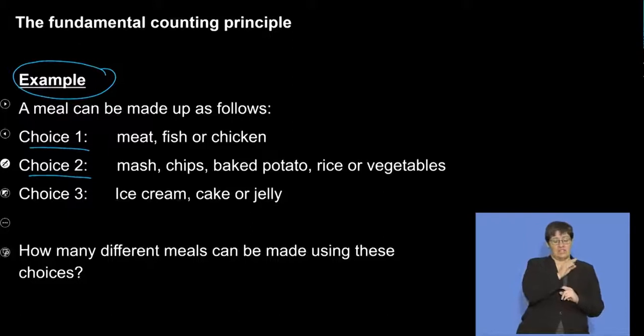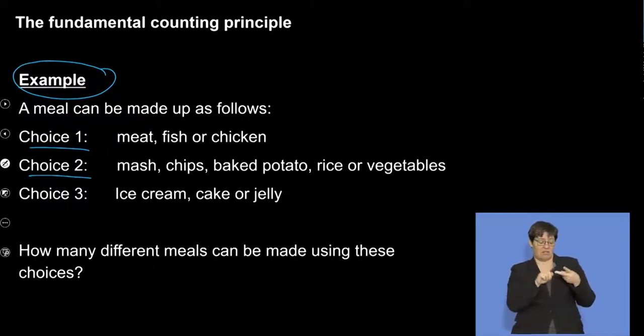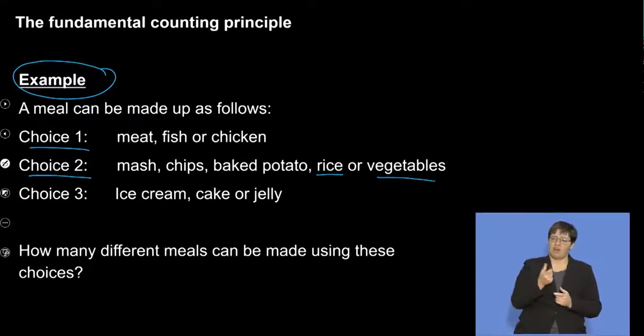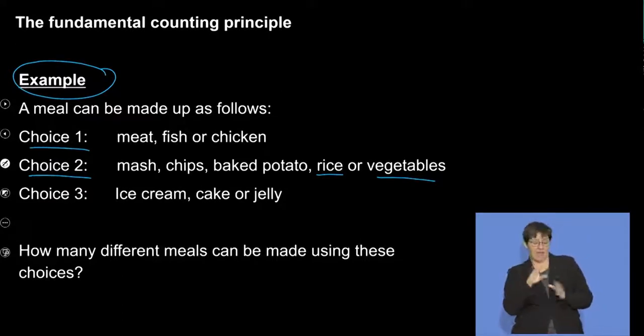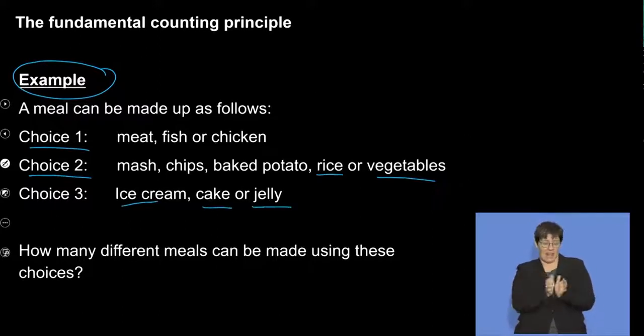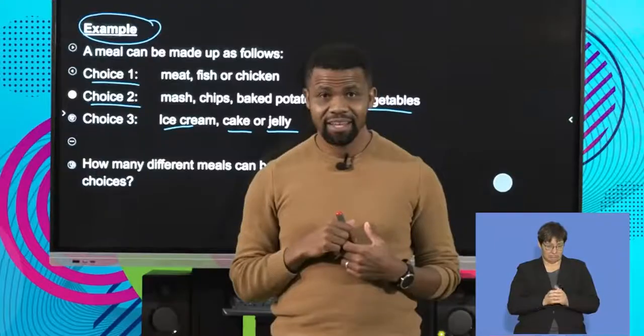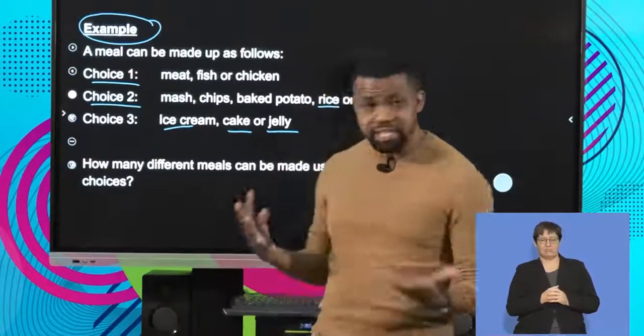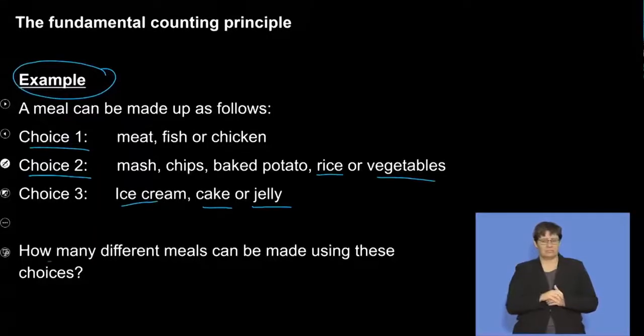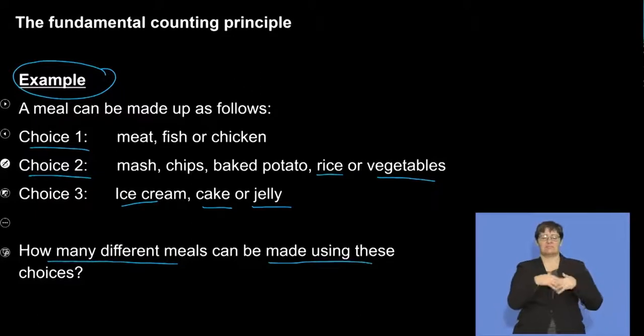And the second choice, we have to choose mash, chips, baked potatoes, rice, or vegetable. What is added here? It's a dessert: ice cream, cake, or jelly. Are we together? So now the question is, how many different meals can be made using these choices?